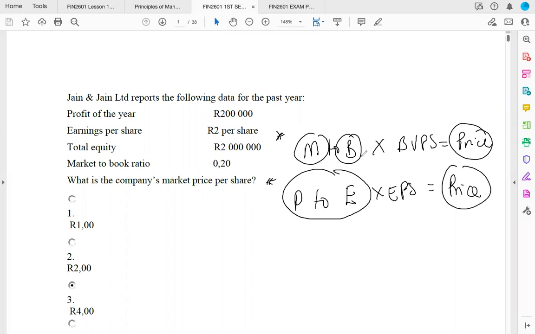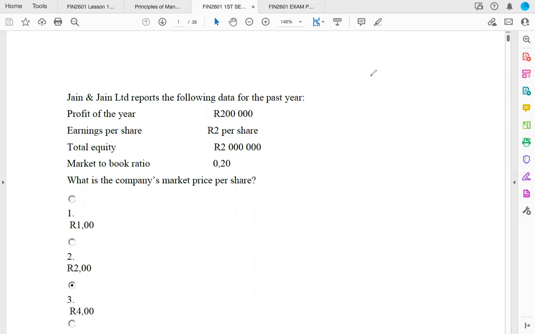We can take our market to book ratio, multiply it by the book value per share, and that gives us the price per share. Or we can take the price to earnings ratio, multiply that by our earnings per share, and that will give us the price. These are two important formulas involving these types of ratios that you can use to help you determine the market price per share.